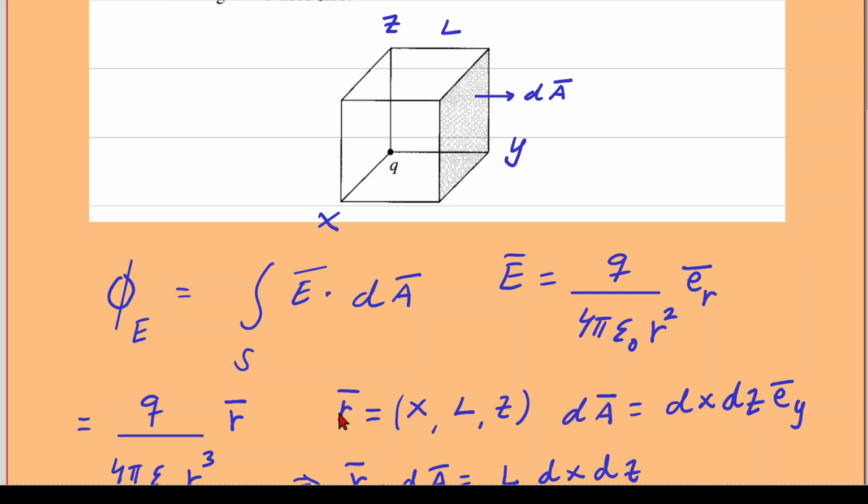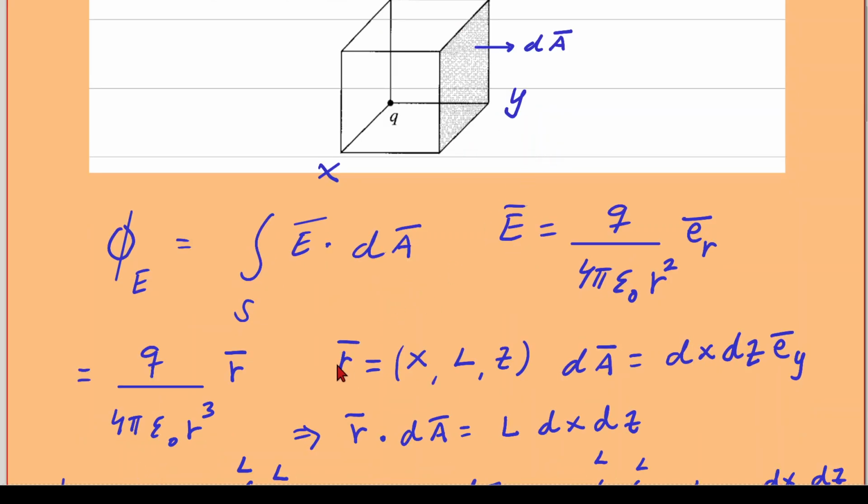And then we look at this r vector on the surface, and then look at the coordinate system, x, y, z. And the cube length is L, capital L. So the y value on the surface is always L. And then x is varying like that, and also z. So here is the vector on the surface.